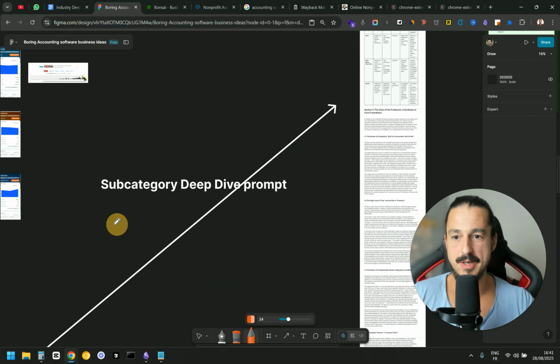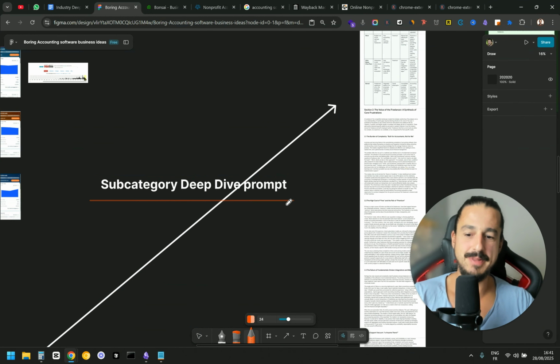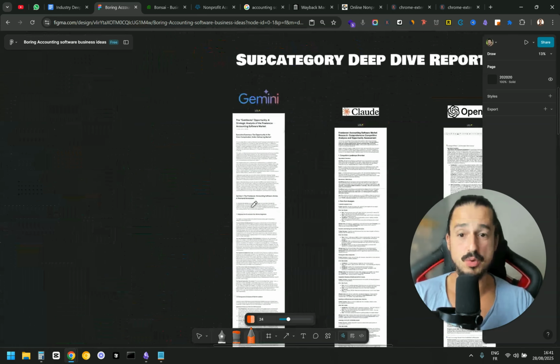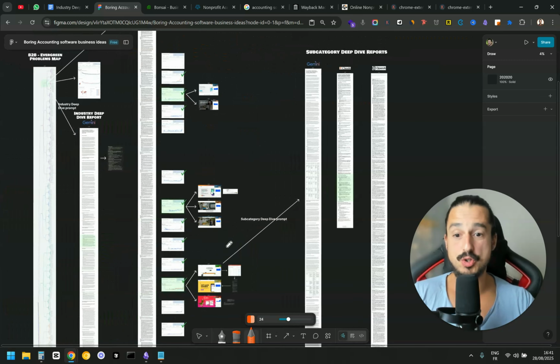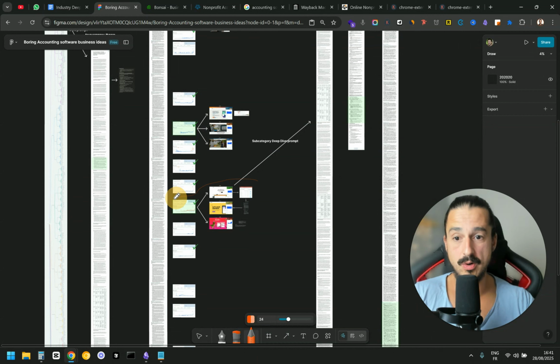For the next step, I used a subcategory deep dive prompt, which is a huge prompt that asks a deep research agent, whichever agent you want, to dig into a subcategory this time. So now we are only focusing on accounting software for freelancers and independents.